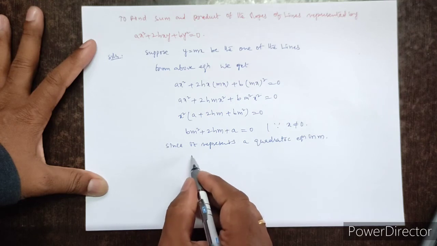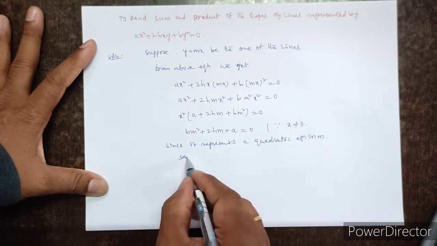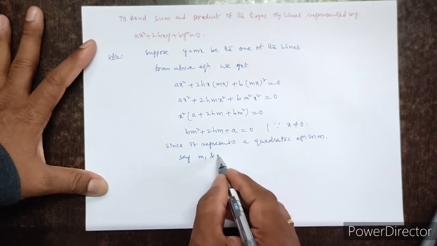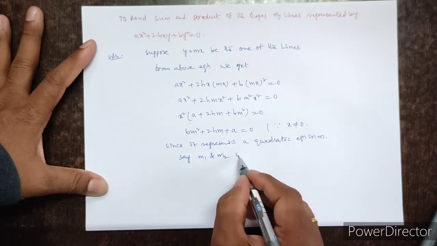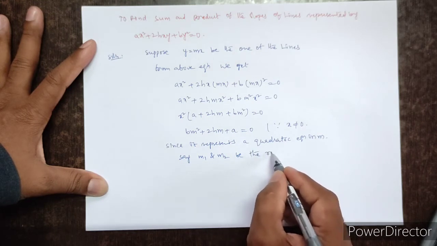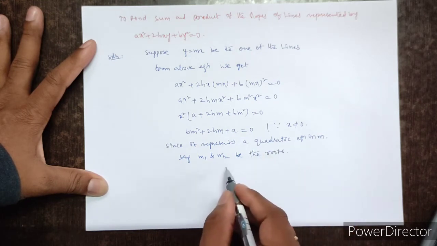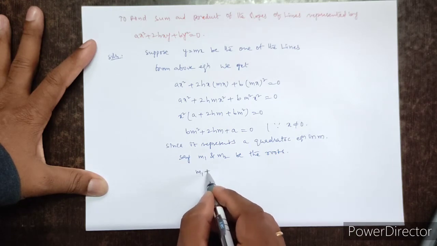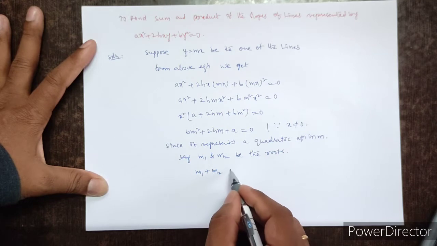So quadratic equation has two roots. Say m1 and m2 be the roots. Then what is sum, m1 plus m2?